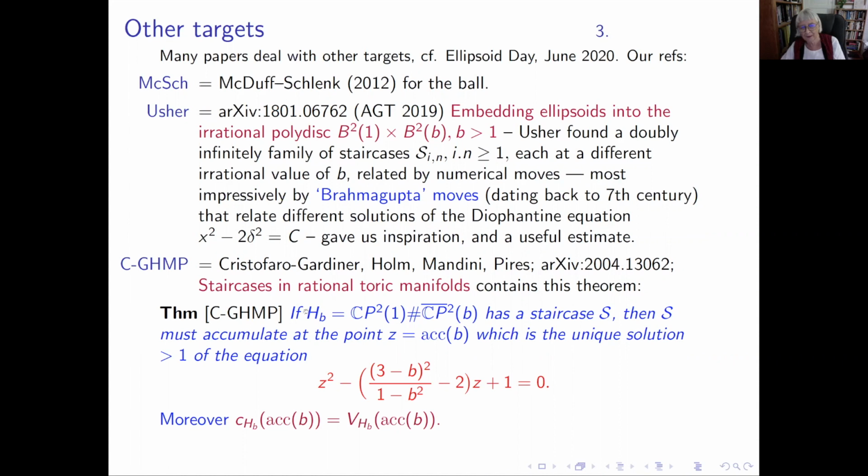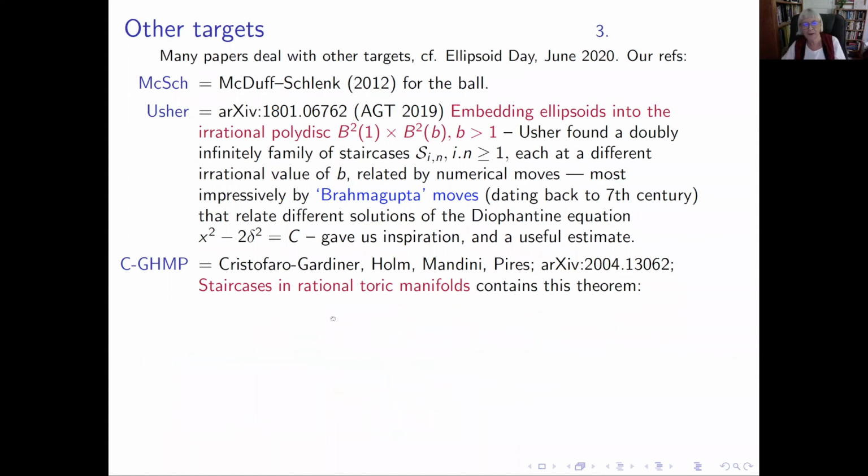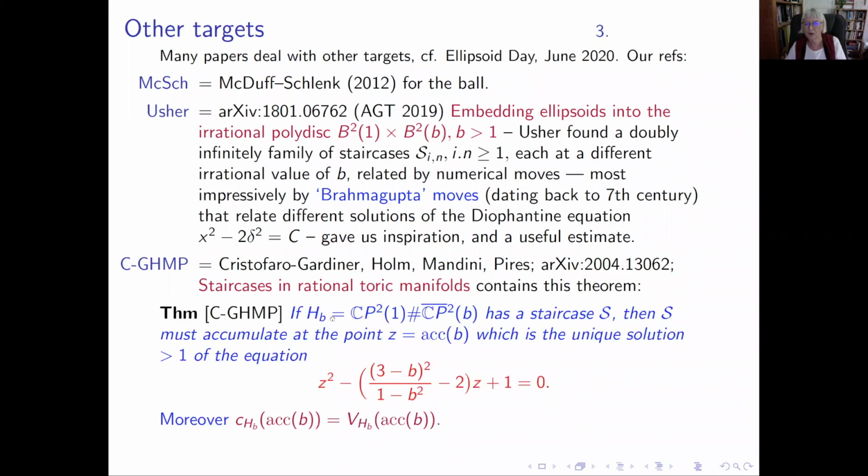If we're just restricting to HB, this blow up, if it has a staircase, then in this paper they show that the steps of the staircase, a staircase sort of goes up in steps, have to accumulate at one particular point, which is called the accumulation point, which is the unique solution of this quadratic equation which is bigger than 1, because the product of the roots is 1. So there's one solution bigger than 1. That's what the accumulation point has to be.